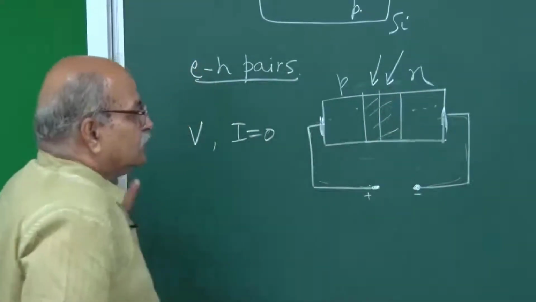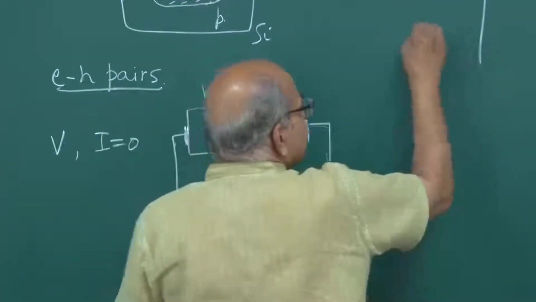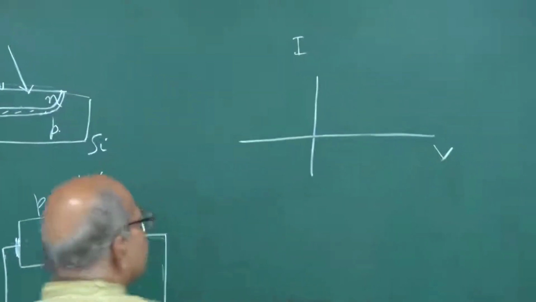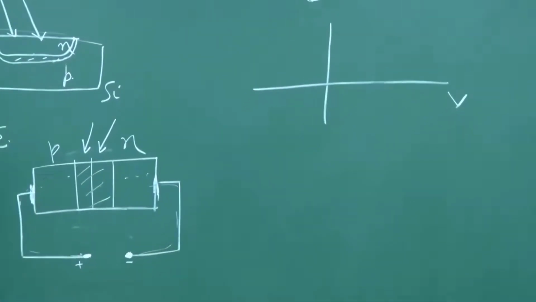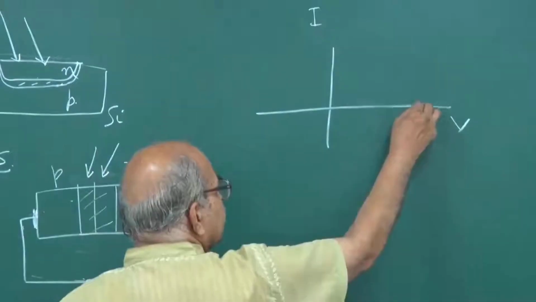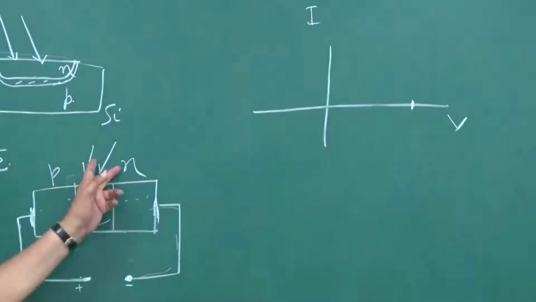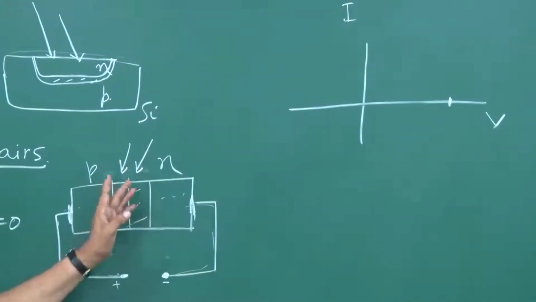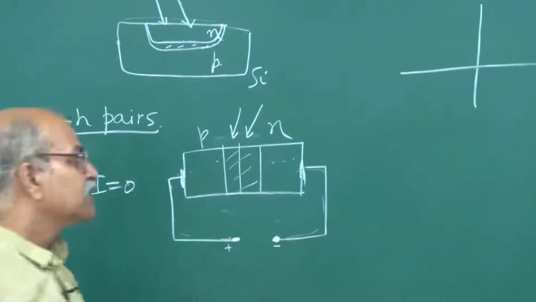So if I try to show it in an IV characteristic curve, suppose this is I and this is V. So where are we? We have some potential here, but there is no current, so current is 0 and we are here at a certain illumination. If you increase the illumination, more charge carriers will flow and the potential will increase a little bit.